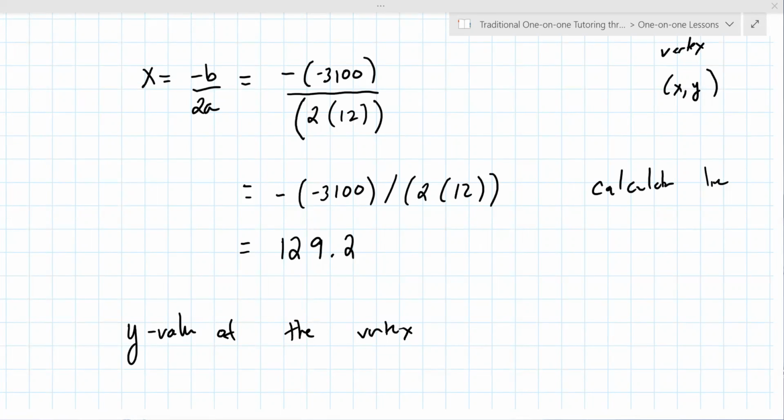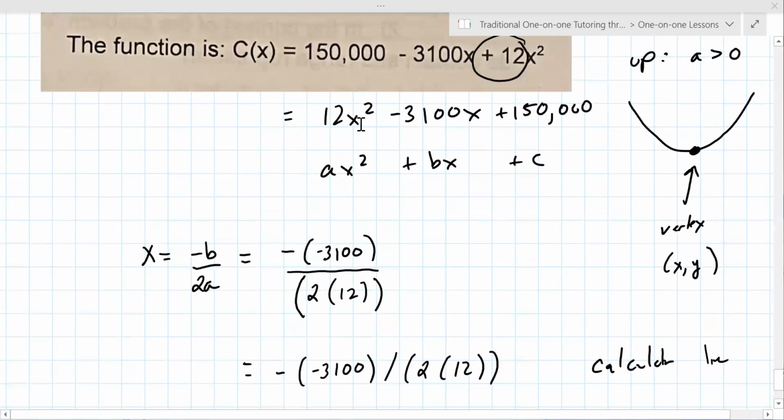To find the y value, you have to do something with this value right here. And here's the original equation.